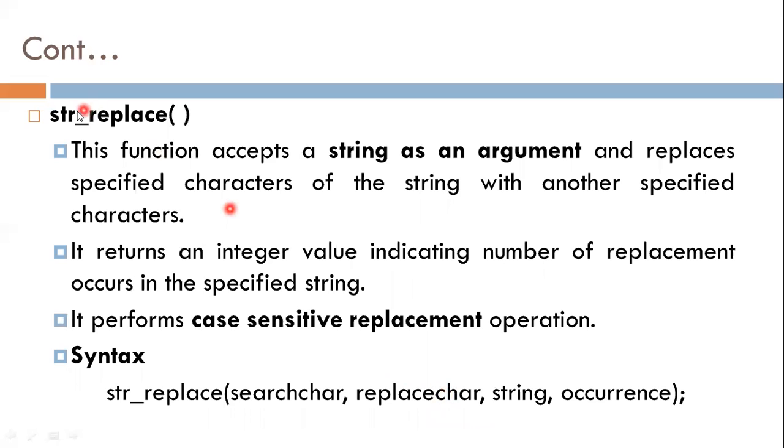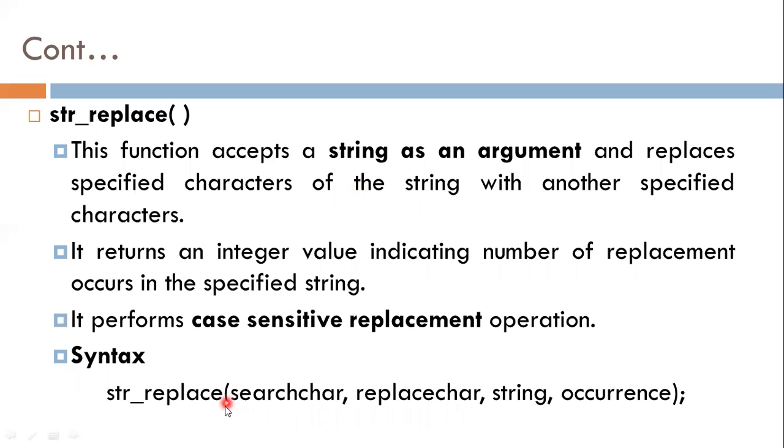Now the next function is str underscore replace. It accepts a string as an argument and replaces specified characters of the string with another string. It returns an integer value indicating the number of replacements that occurred in the specified string, and it also performs case sensitive replacement.